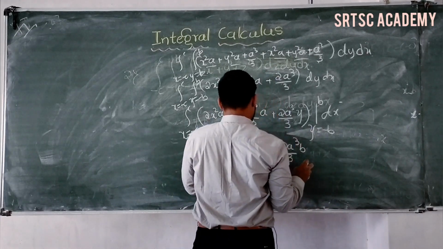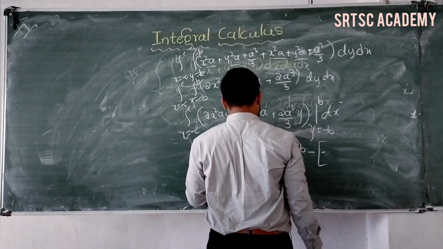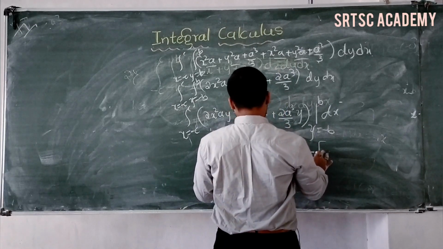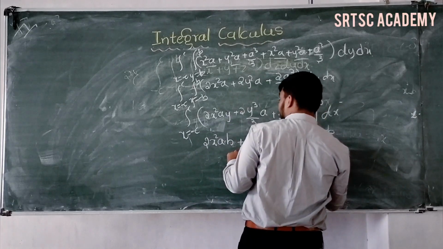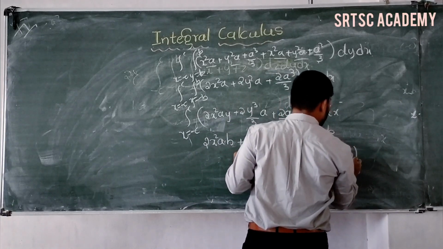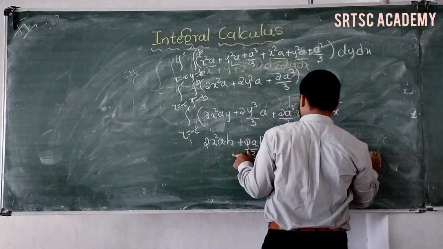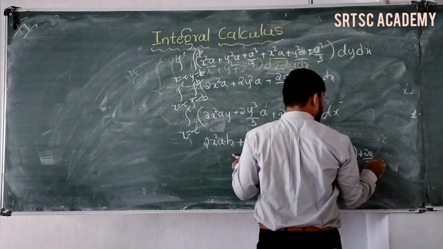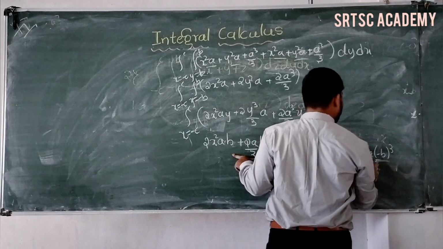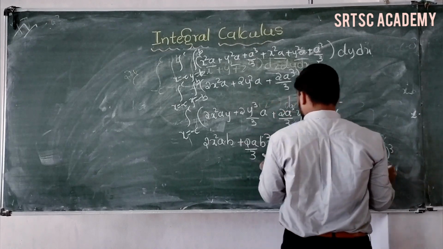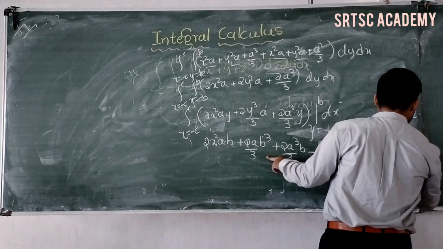So this becomes what? 2x²a of minus b, right, and plus 2a/3 (b³ minus b³), minus b³, then plus 2a³/3 into minus b.